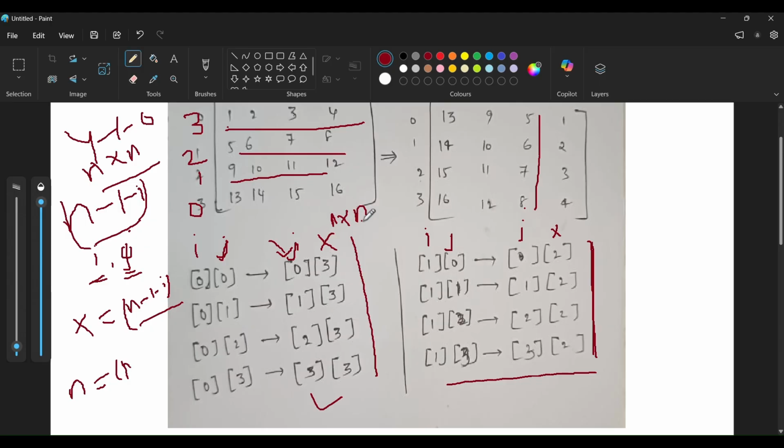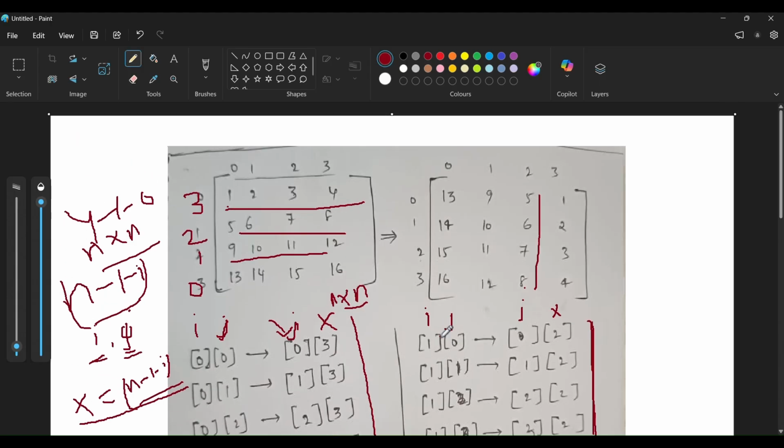Here the number of rows and columns are equal, so matrix length will return the number of rows, which equals n here. So we finally found the x value and also the i value. Okay, now we will directly move to the coding part, so you will understand this question.